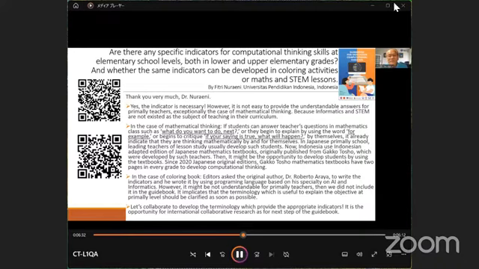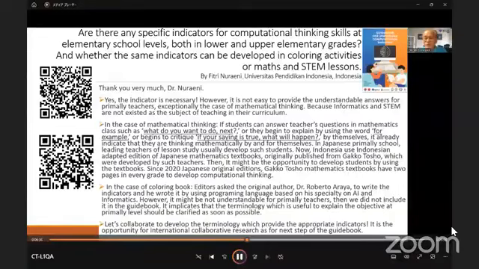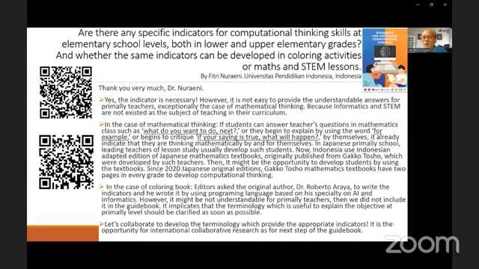Yes, the indicator is necessary in education for the assessment and so on. However, it is not easy to provide understandable answers for primary level teachers.